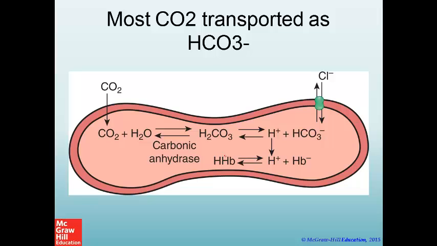Most is transported as bicarbonate, approximately 2/3. So the CO2 readily diffuses into red blood cells, gets converted to H2CO3 by carbonic anhydrase. That freely dissociates as a weak acid into bicarbonate and hydrogen ions. Hydrogen ions can be buffered by intracellular proteins, particularly hemoglobin, so that hydrogen ion can be taken up and reduce the hemoglobin.